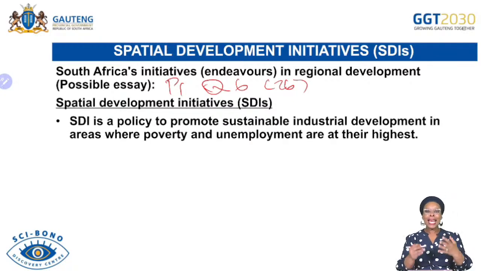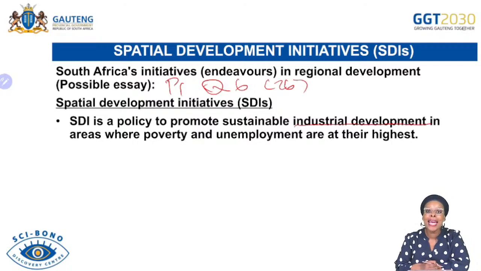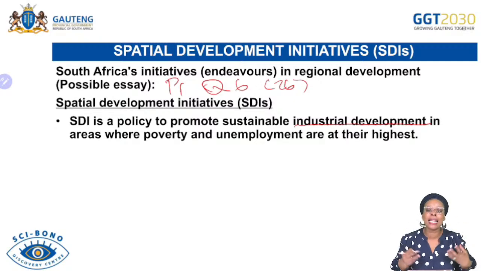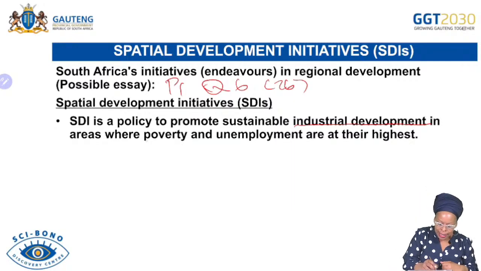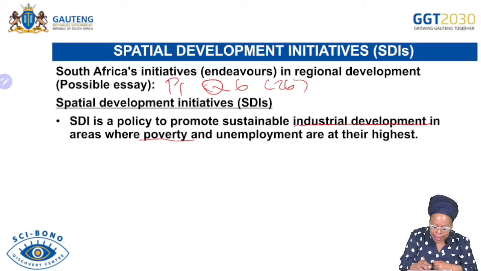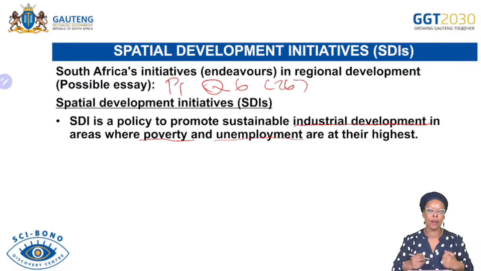What is an SDI? It is a policy which promotes sustainable industrial development in the areas where poverty is at its highest, in the areas where unemployment is at its highest in South Africa.